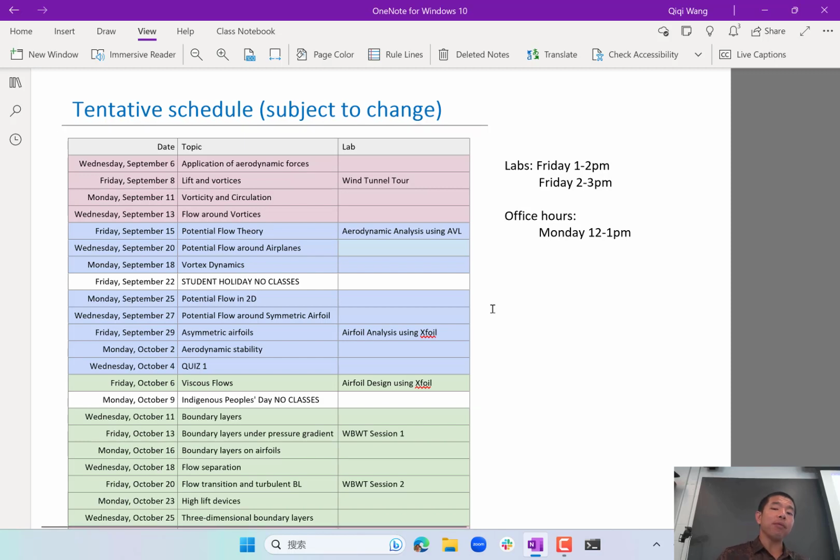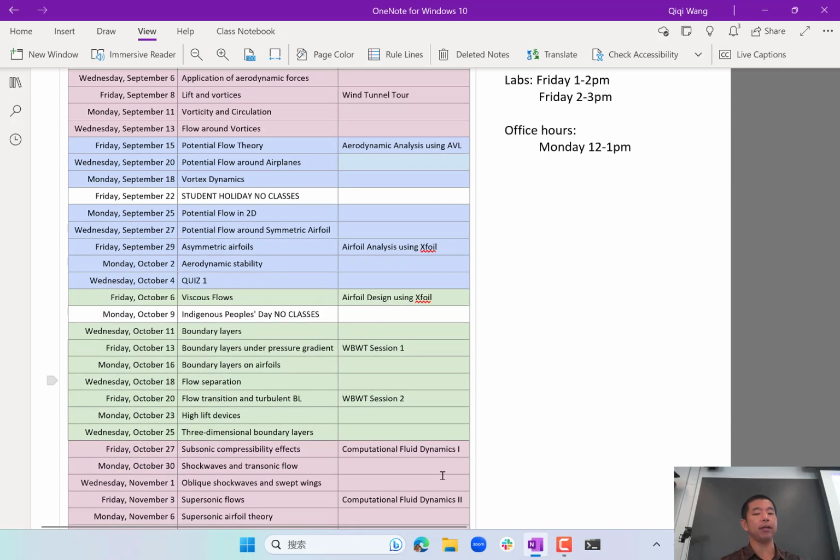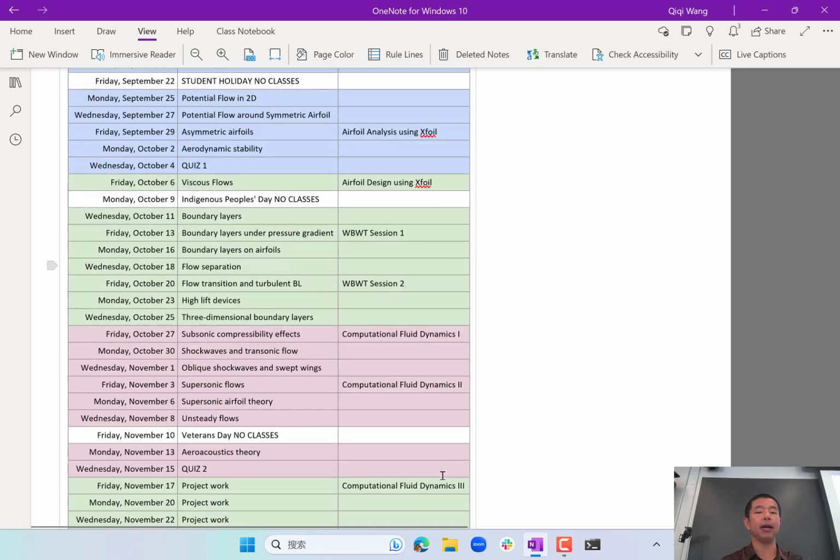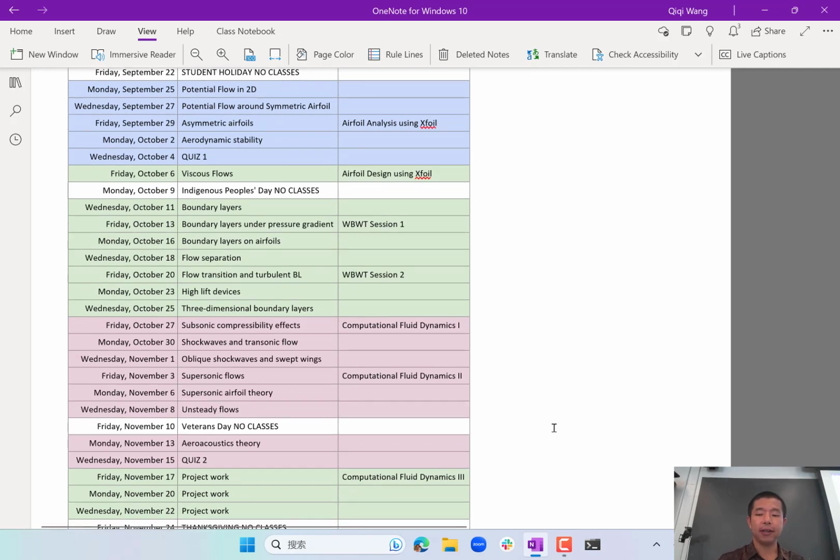And then we'll look into X-foil, essentially looking at airfoil sections. And we'll have 2 Wright brothers wind tunnel sessions, and then we'll look primarily into computational fluid dynamics. All of this is going to be helpful in the project you'll be doing.